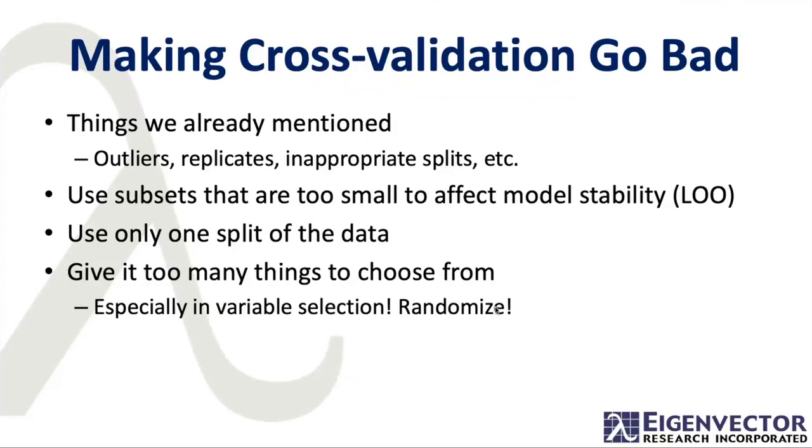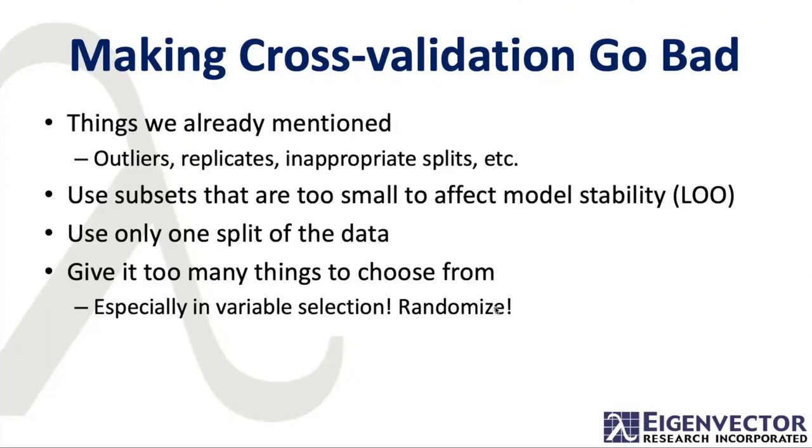And leave one out cross-validation really doesn't do that. Anytime you have more than 30 samples or so in a model, when you're doing leave one out cross-validation, it doesn't really change the model anytime you leave just a single sample out. It doesn't adequately test that. Using only one split of the data, it's a good idea to change that up.